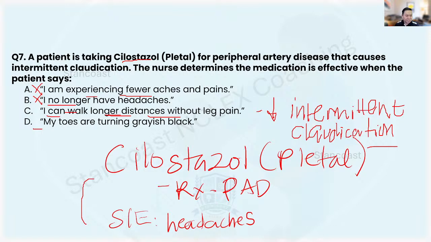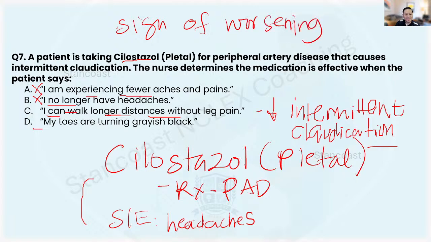Now, letter D, my toes are turning grayish black. Grayish black? Hey, that's not good. That's a bad color there. When you see grayish black, it is a sign of worsening PAD. We don't like black discoloration, or let's say bluish discoloration.